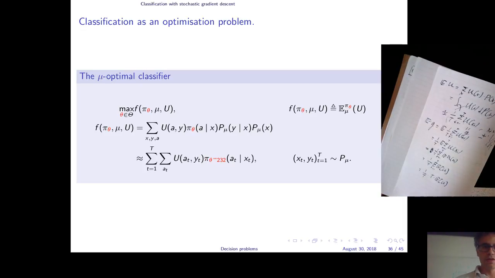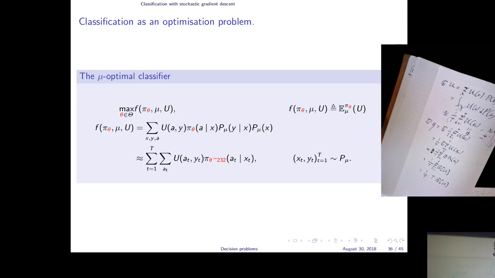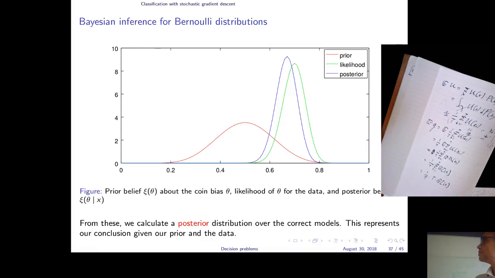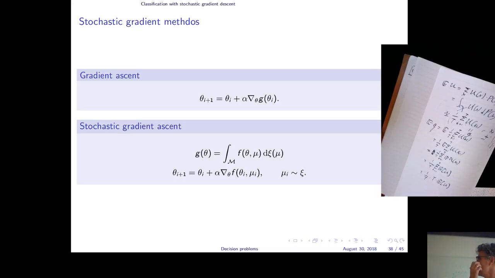Now, this still doesn't tell us how you deal with the problem of gradients, because to use the optimization algorithm gradient ascent, you need to have a gradient, right? So what is the gradient of this thing? Well, just like with expectations, we have the same idea.